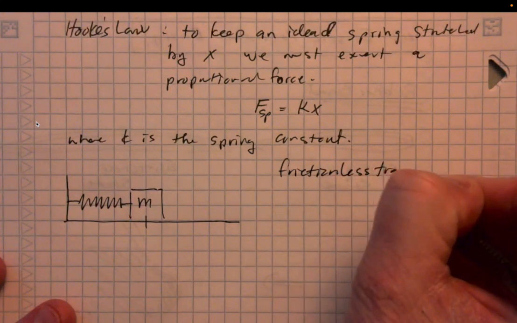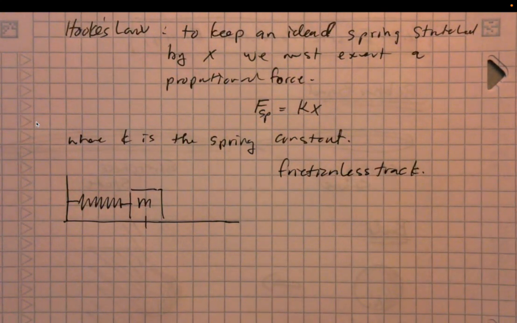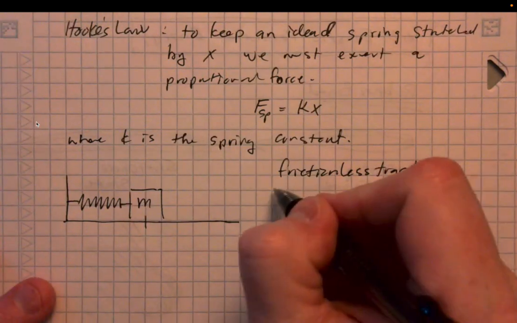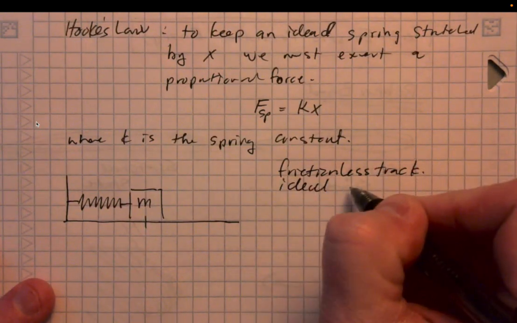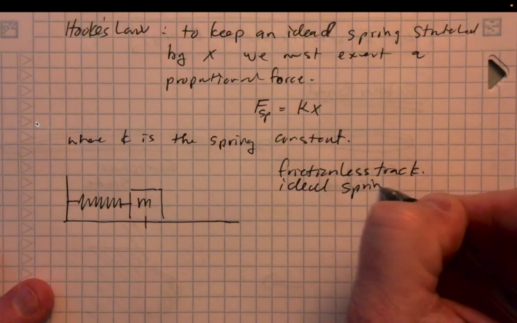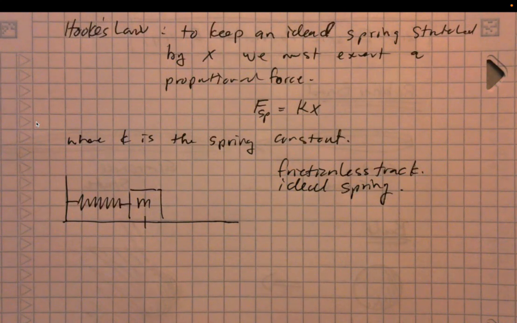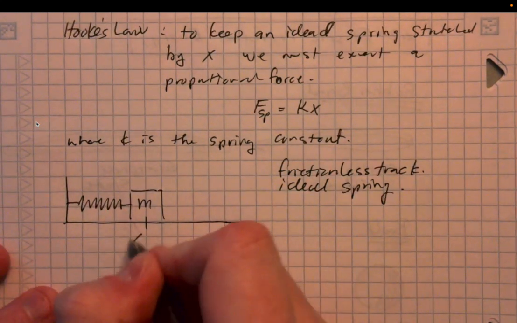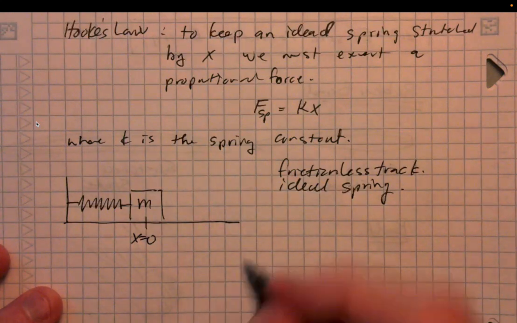Frictionless track, very important. This is an idealized scenario. It's an ideal spring, so the spring has no mass. Now at rest, if it's just sitting here and the spring is at its resting length, in its normal state, this block has no velocity. We'll call this resting state x equals 0.